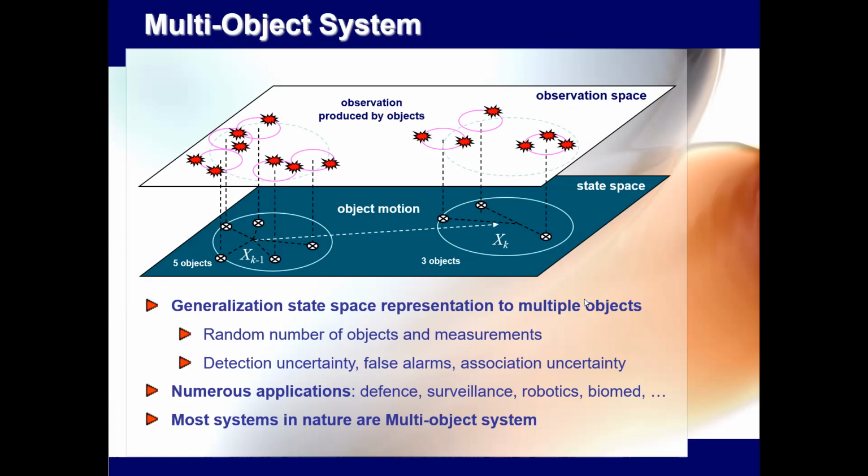At time k, in this particular example, we have 5 objects. And at the next time we might have 3 objects. It means 2 objects have died from the scene. Okay, so when we want to generalize from the single object system, we need to consider a random number of objects and measurements. And on top of that, there is also association uncertainty. Right?